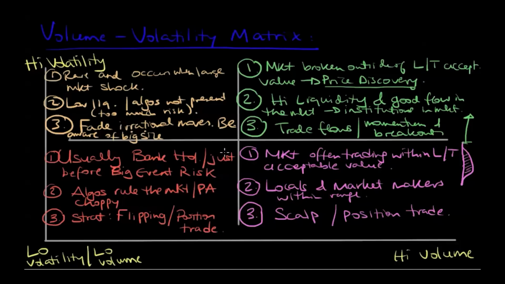A lot of the time it's spending in the area which is really range bound, reasonable, average to good volume. High volume, low volatility. So the market's trading within an acceptable range, low volatility, not moving too much.